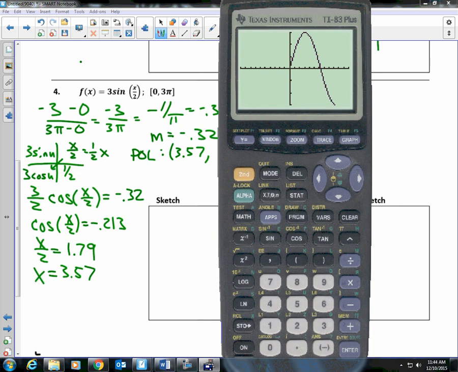Okay, there we go. And I want to know the value at what? 3.57, and I get 2.93.